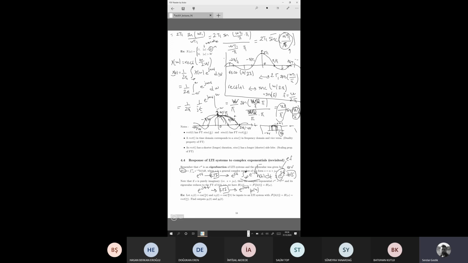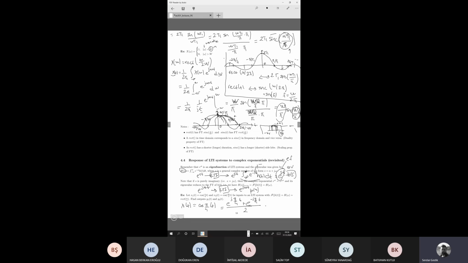So what are the outputs y1 and y2? Actually, let's write x1 of t. It is cosine pi over 4 t, and you know very well that it is equal to e to the power j pi over 4 t plus e to the power minus j pi over 4 t, over 2.